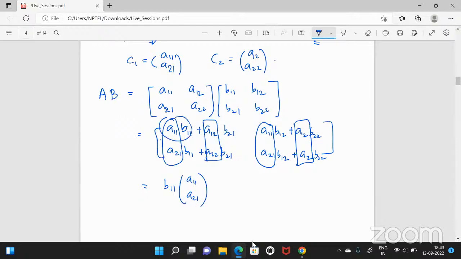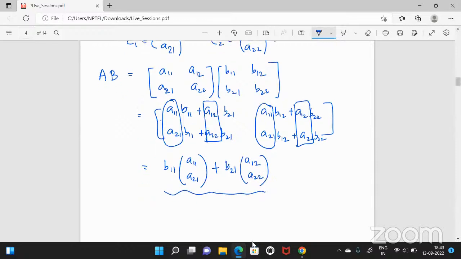The first entry here and the first entry. And for this, it's B21 common, and then C2, A12, A22.